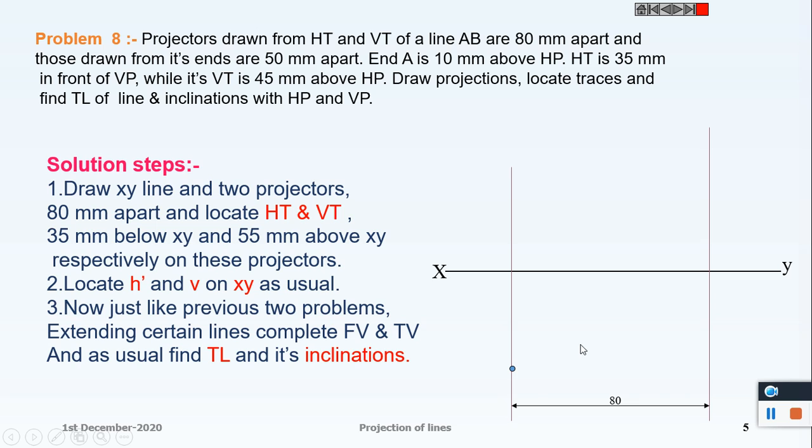It is also given that HT is 35 millimeter in front of VP. So it will be 35 millimeter below XY line, and VT is 45 millimeter above HP. So it will be 45 millimeter above XY line.